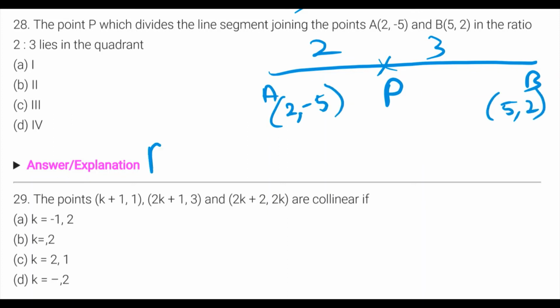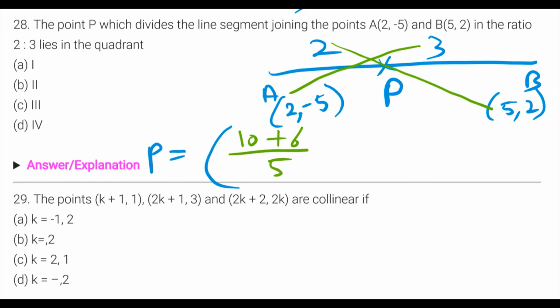Apply the section formula: P equals (m x2 + n x1)/(m + n), that is (2 into 5 is 10 plus 3 into 2 is 6) by 5, comma (2 into 2 is 4 minus 15) by 5.